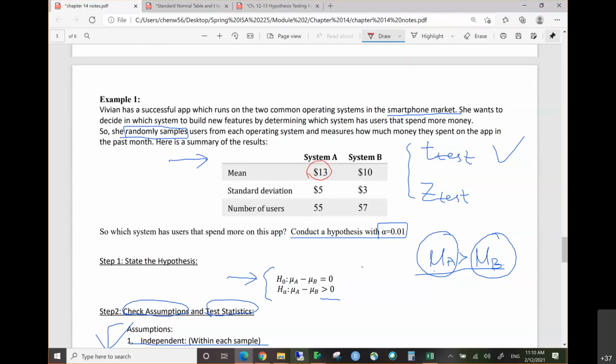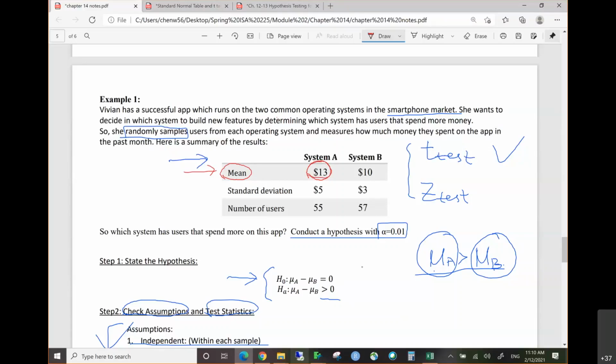Think about what this is. Okay, this is the mean, right? This is the sample mean or the population mean. Oh, it's the population. This is the sample, right? Both are samples, so this is the sample mean.